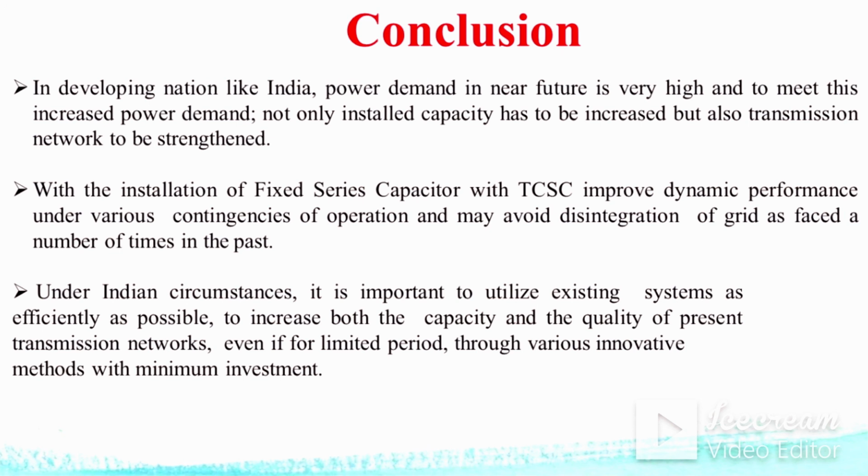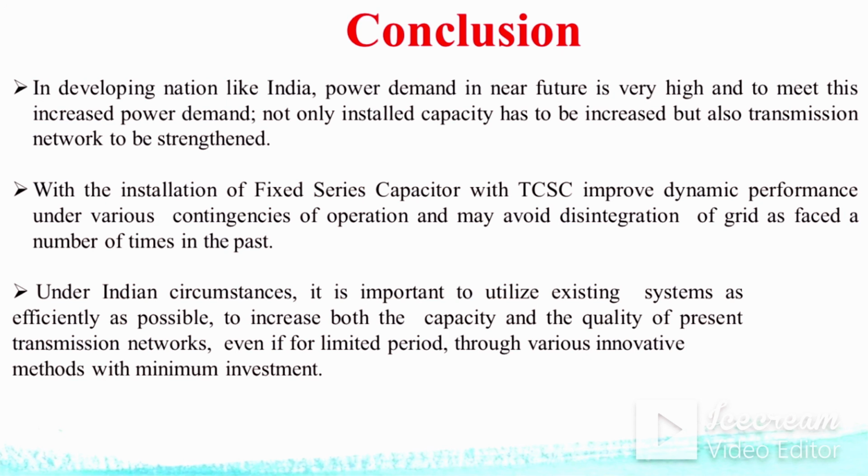And with the installation of the TCSC, which is a kind of fixed series capacitor technique, it dynamically improves the performance of the entire operation of the power system network.